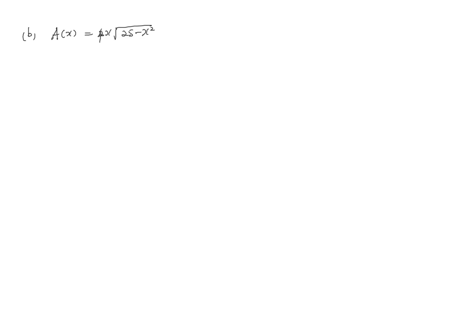Now I want to let k of x be equal to a of x, the whole thing squared. The reason I do it like that is that I want to get rid of the square root. And I also know that if k of x is maximum, this implies a of x is maximum.